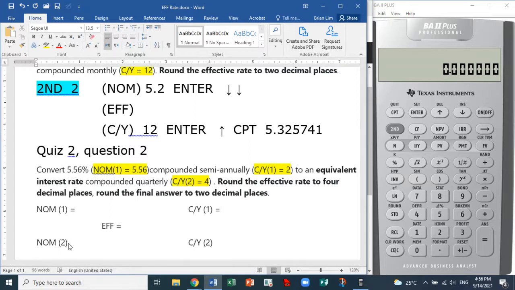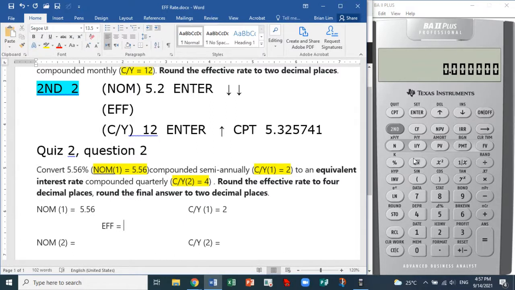Nominal 2 will be equal to some number, and CY2 would be equal to some number. So what do we have? Nominal 1, we have 5.56, correct? CY is 2. So with that, we're able to get the effective.